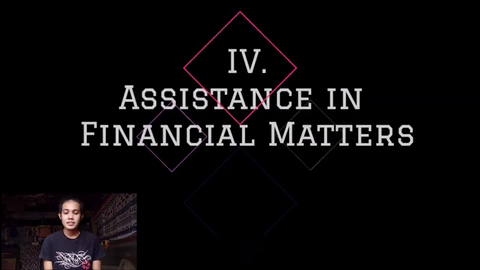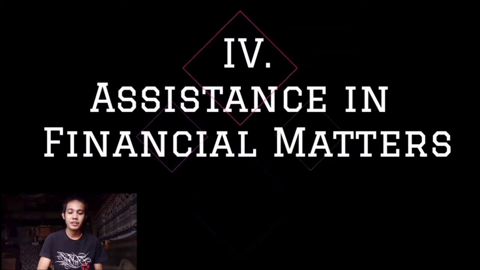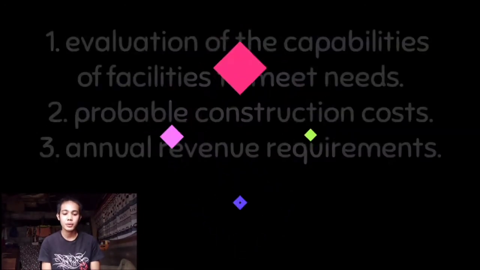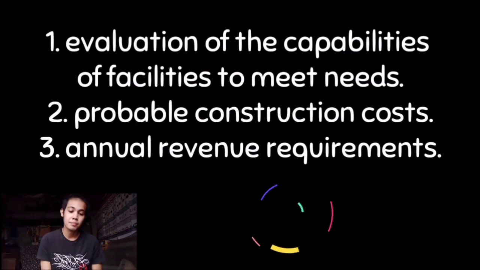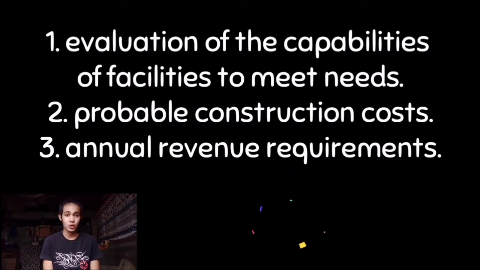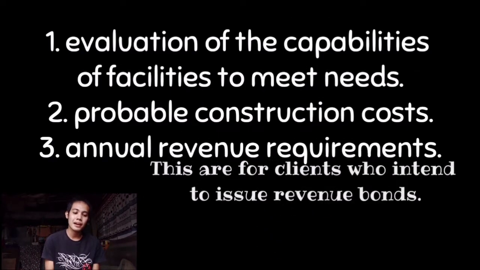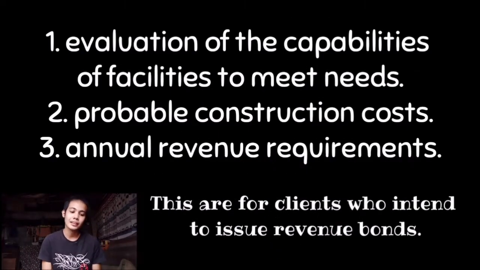Next is the assistance in financial matters. Engineering services include, number one, the evaluation of capabilities of facilities to meet the needs. Number two, probable construction cost. Number three, the annual revenue requirements. So, this is for clients who intend to issue revenue bonds.